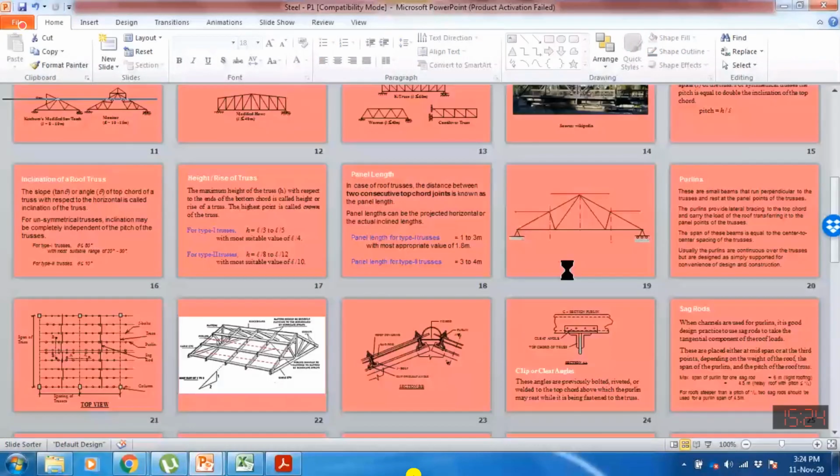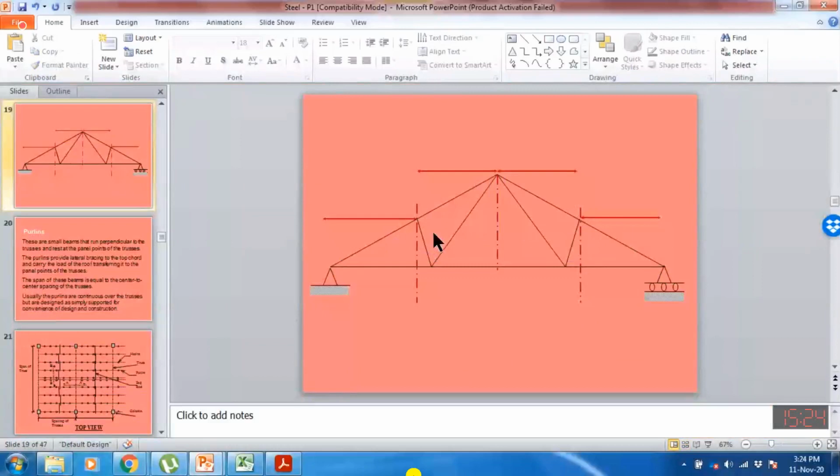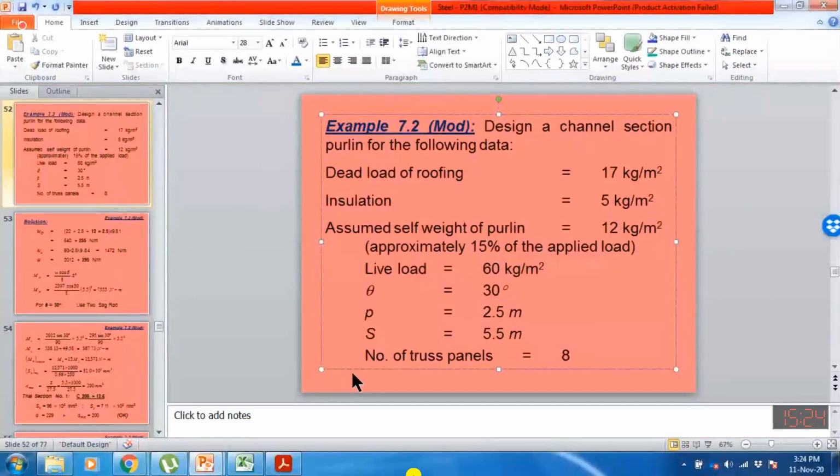In this case, we are having 1, 2, 3 and 4 panels. So 4 panels can be used to compute the total length. If each panel is 2.5, the total length will be 2.5 multiplied by 4, or 10 meters. And the number of truss panels is 8, so 8 multiplied by 2.5. So the total length of our truss is 20 meters.